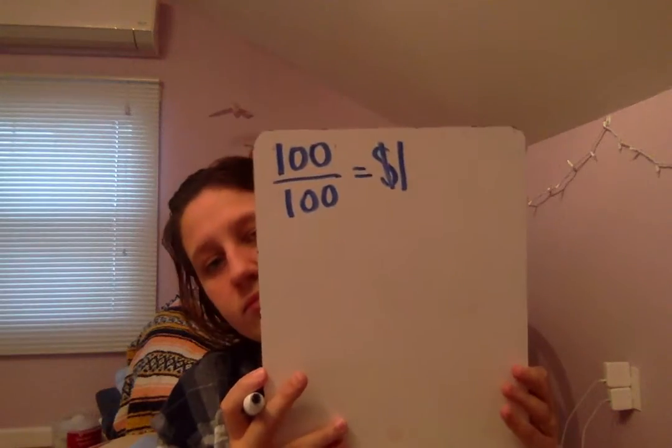And we can write these actually as fractions. That's pretty easy to do. So if I have $1, it would be 100 pennies over 100, and that equals 1. If I have a quarter, that's 25 cents over 100.